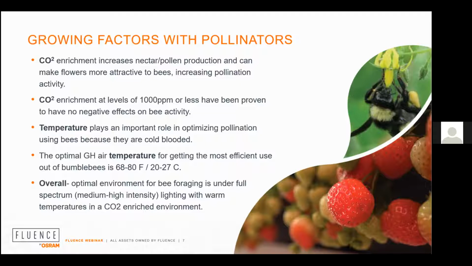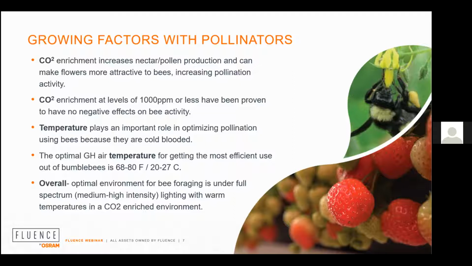Temperature does play a role as well in optimizing your pollination because bees are cold-blooded. So your optimal greenhouse air temperature for getting the most efficient use out of them, especially bumblebees, is that 68 to 80 degree Fahrenheit range, or 20 to 27 Celsius. That's a pretty big range, and it's usually the optimal temperature for most crops we're growing anyway.